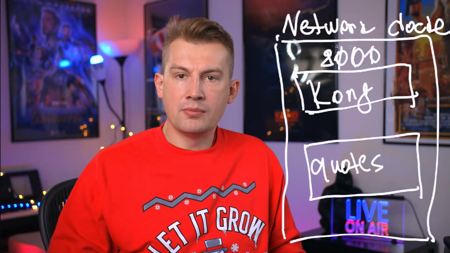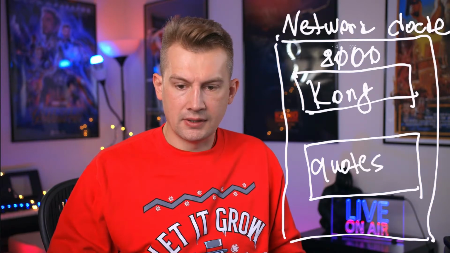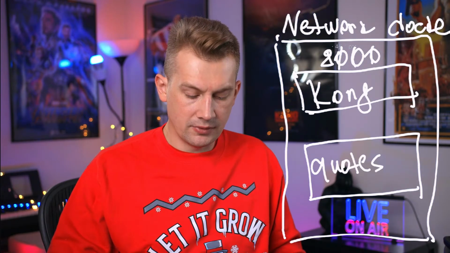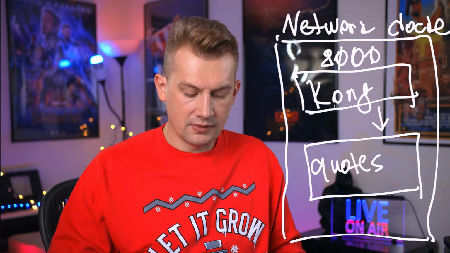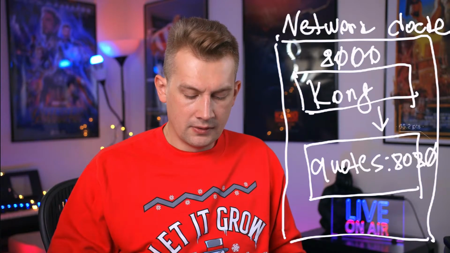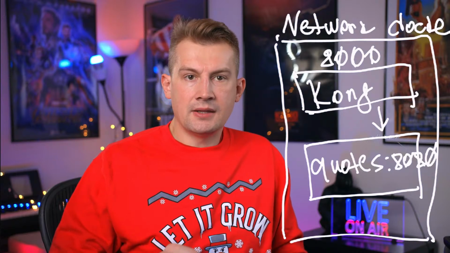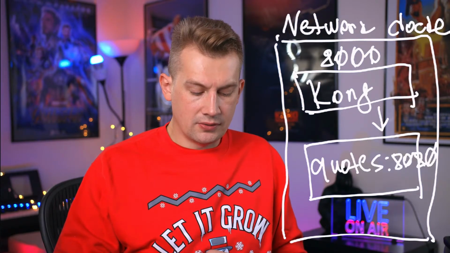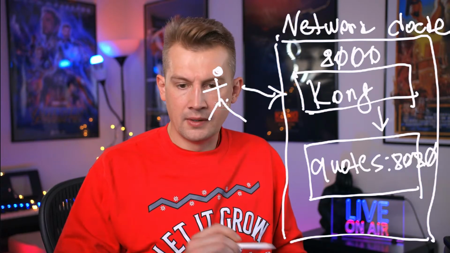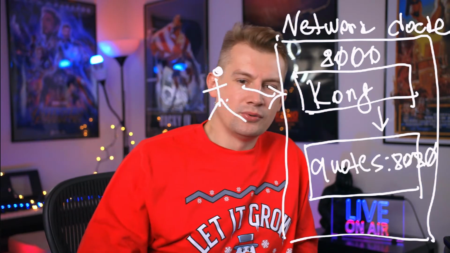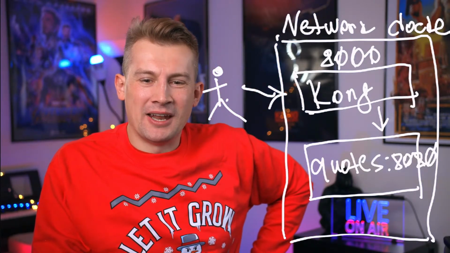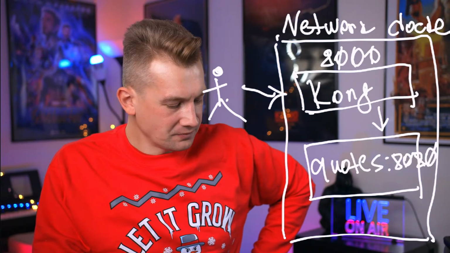And now Kong has a configuration about the service that it will be communicating with, the quote service, on port 8080. So you will not be able to get access inside, so you need to hit the URL here as a user. Oh, I drew on myself.